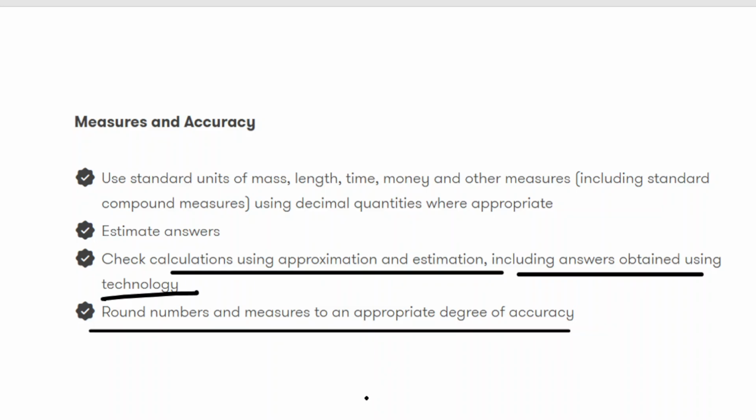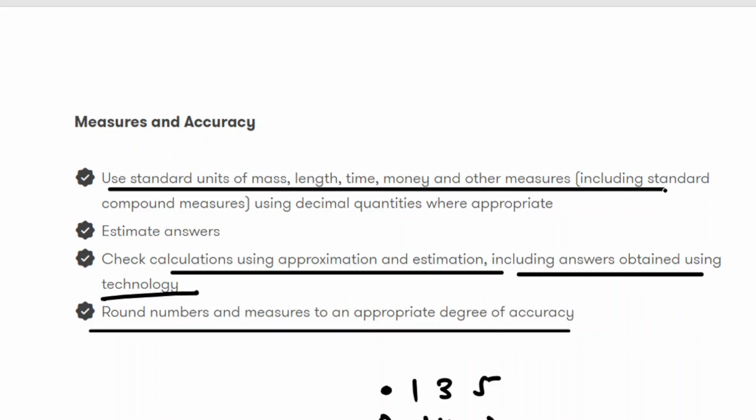Remember those questions? Two decimal points. So this used to become 1/4. All come into this. Use standard units of mass, length, time, money, and other measures, including standard compound measures, using decimal quantities where appropriate. Estimate answers, in short, rounding off.